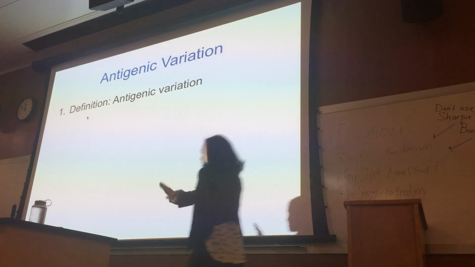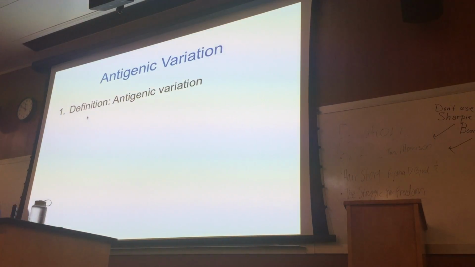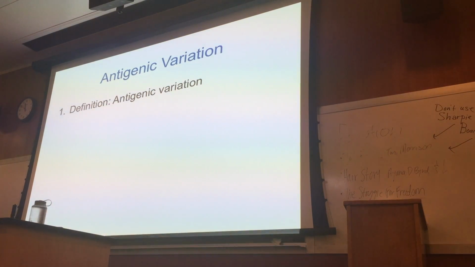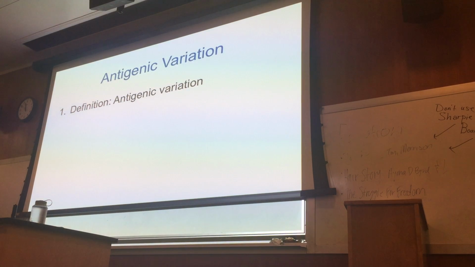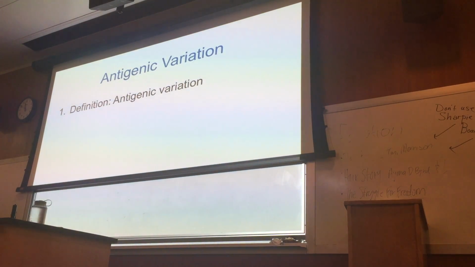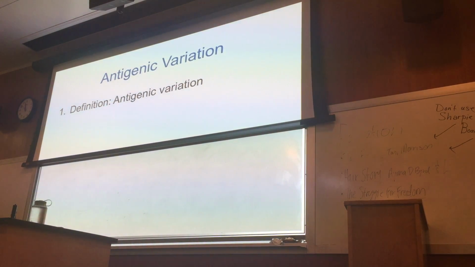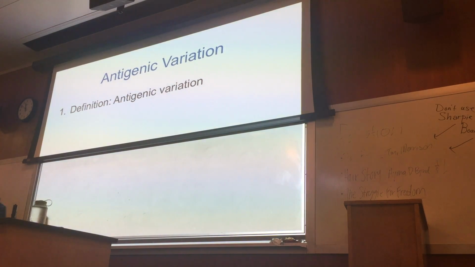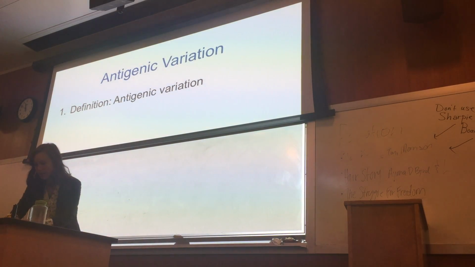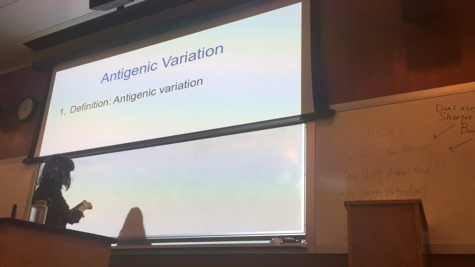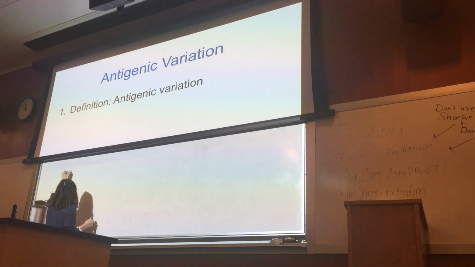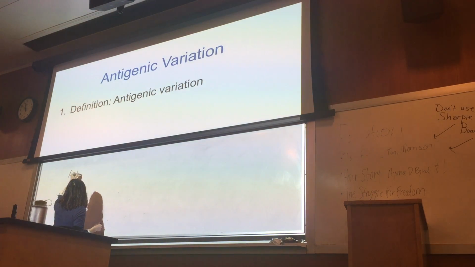Antigenic variation has that word variation, so it sounds like we have a variety of something. It's not just of one type. We're going to spend more time talking about this in the immunology section, and we'll see that word antigen a lot.